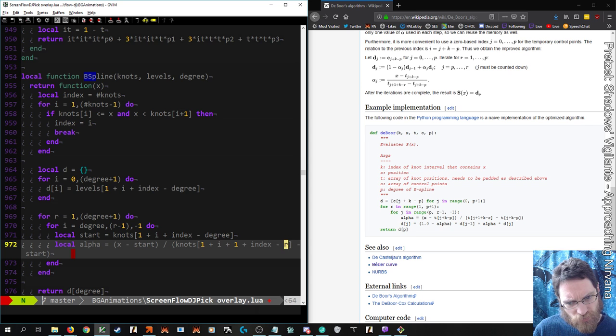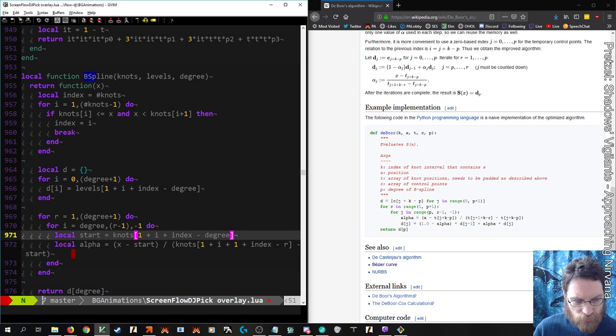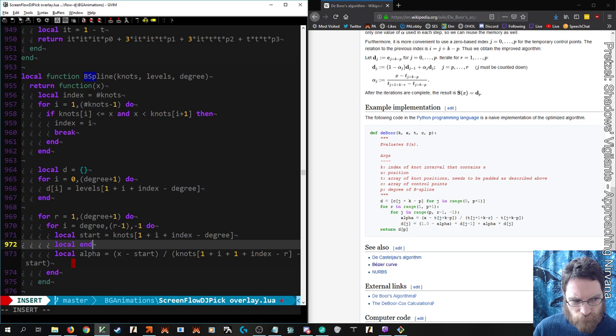Divided by the difference with all the forward points. Oh, but we're backing up. Forward point minus current point. How far different it is. So is that like an end?